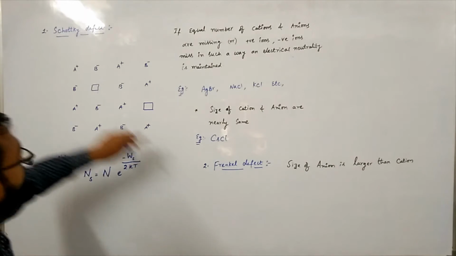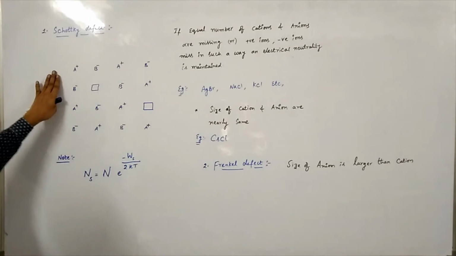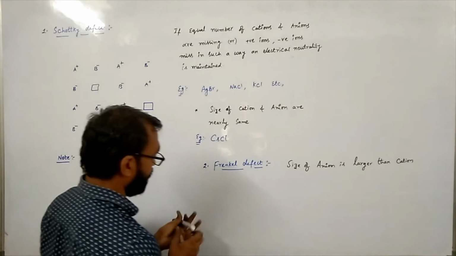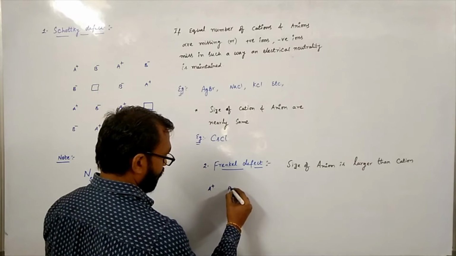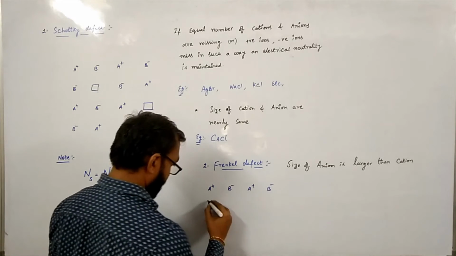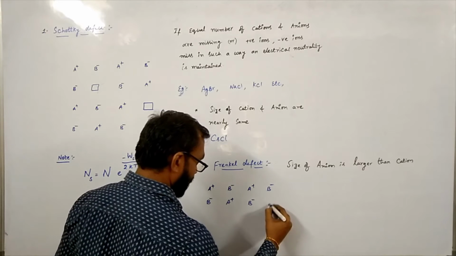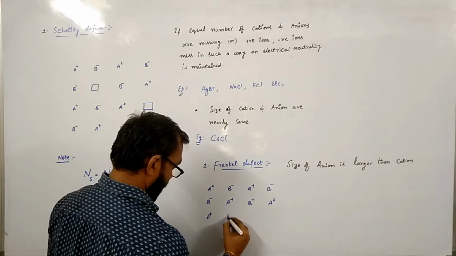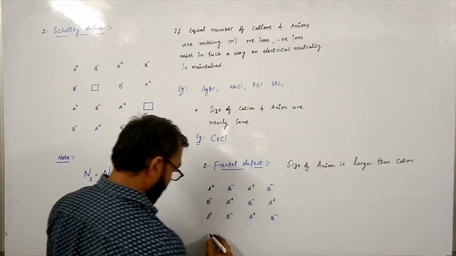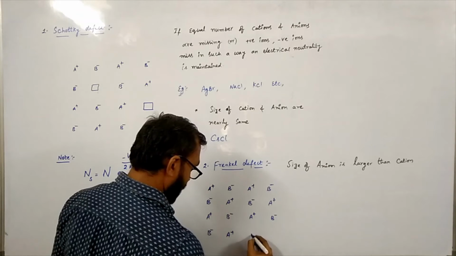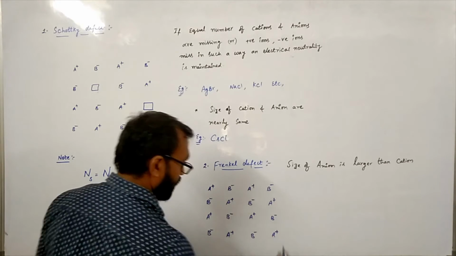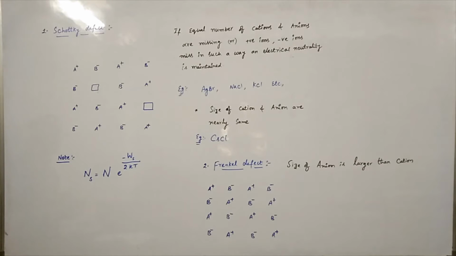Now, here also if you consider in this manner, then also if I take this as this type of example, let me write that. A plus B minus A plus B minus, B minus A plus A plus B minus A plus B minus B minus A plus B minus A plus. Right. Now, Schottky defect means cations and anions are missing. Frenkel defect means they don't miss. They misplace into interstitial space. Right?